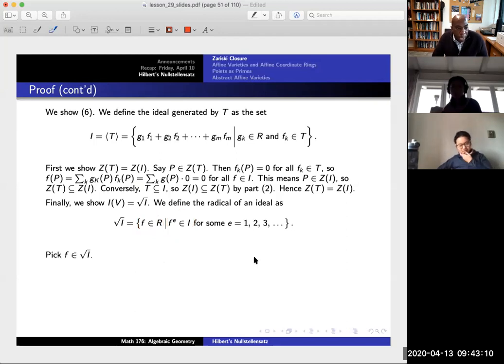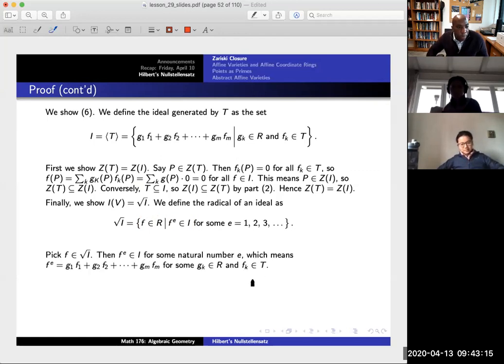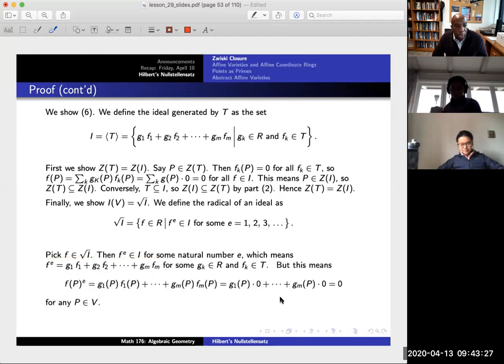Now pick an element here from the radical. Of course what this means is that some power I can write here as this linear combination, because some power has to be in I. Now let's just evaluate at P. Based on what I just said before, if I evaluate this power at P, I should get back 0.